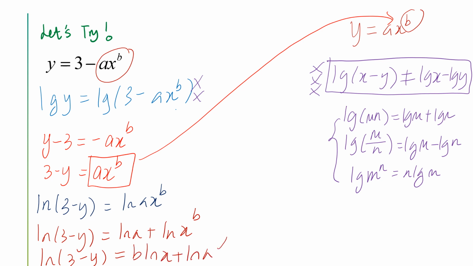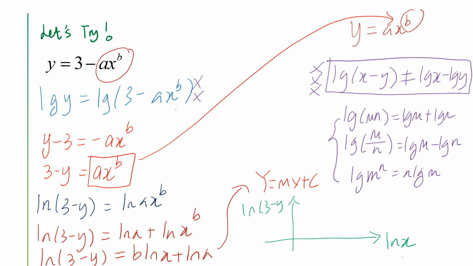Okay, and if you compare it with your y equals mx plus c, and if you were to present it graphically, then the x-axis will just be your ln x, the y-axis is ln (3 minus y), and if I'm just going to draw a random straight line, the gradient will be equal to b, and this value here will be your ln a.